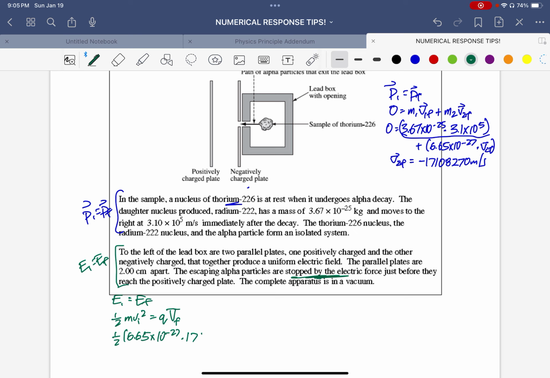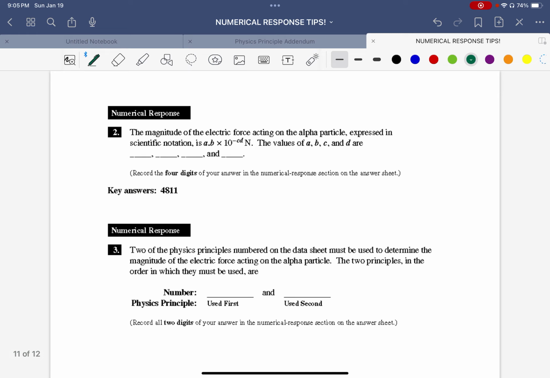The speed that it's moving at the bottom of the hill is the speed that it's moving after it decays. The charge of the alpha particle is 3.2. So the potential difference here would be 3041262.43 volts.